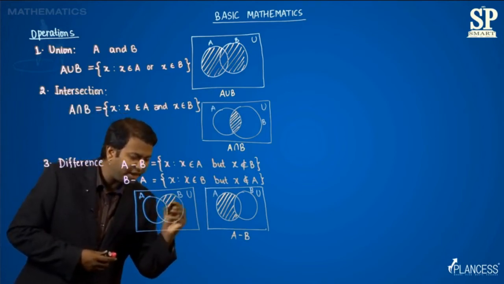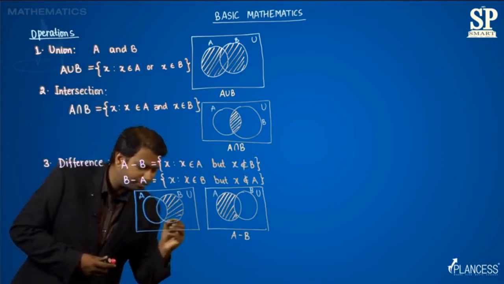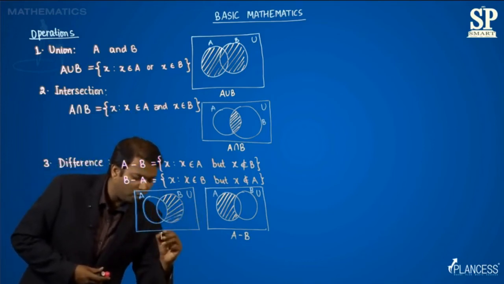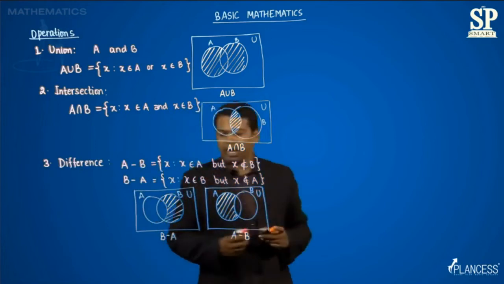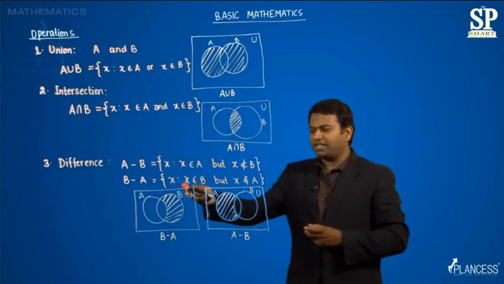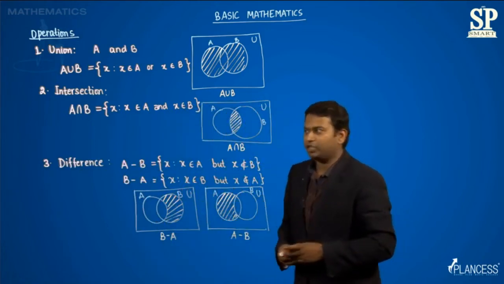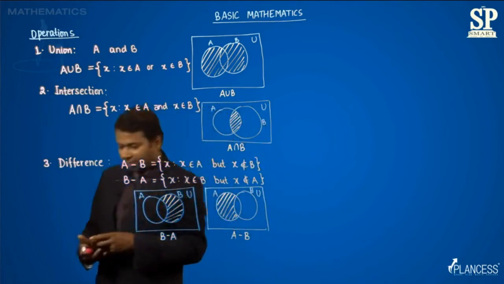So B minus A is this region. And now we have a clear understanding of A minus B and B minus A. And we also now understand that B minus A is not the same as A minus B.